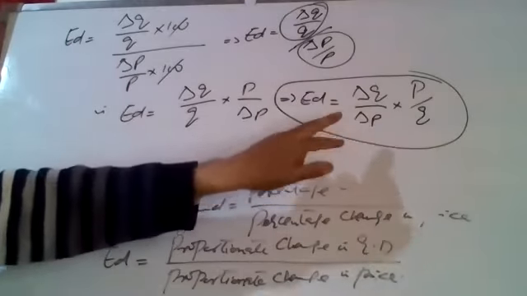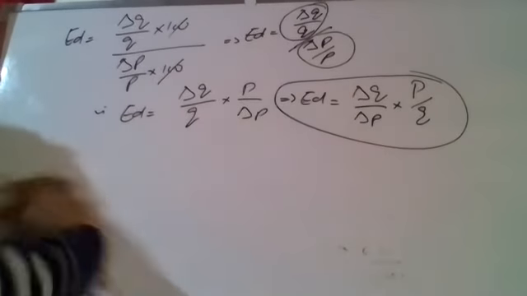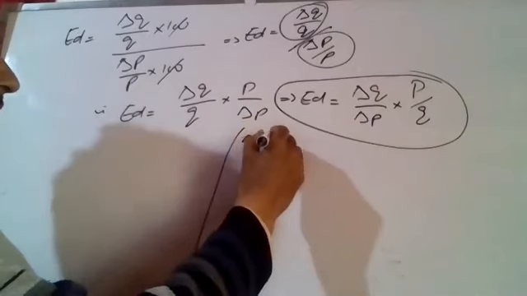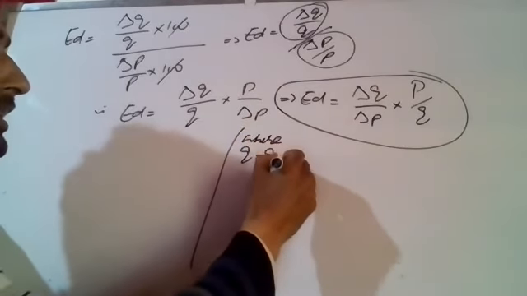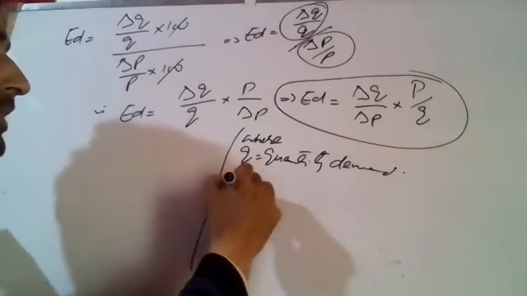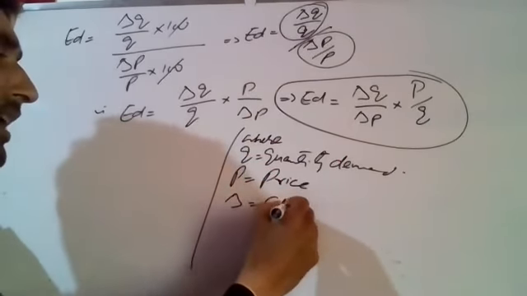Change in quantity demand divided by change in price into price divided by quantity. Original price divided by original quantity, where Q is quantity demand, P is price, delta is change.